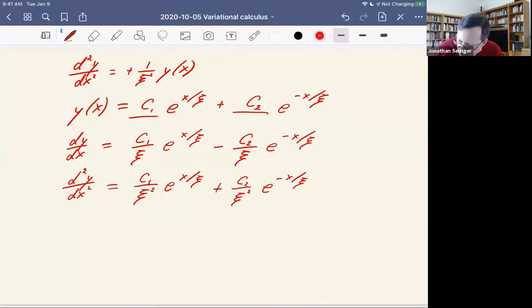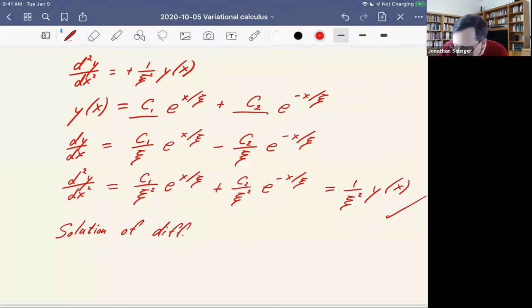And sure enough, this is 1 over ξ² times y of x. Okay, so that's good. So this is a solution of the differential equation for any coefficients, C1 and C2.